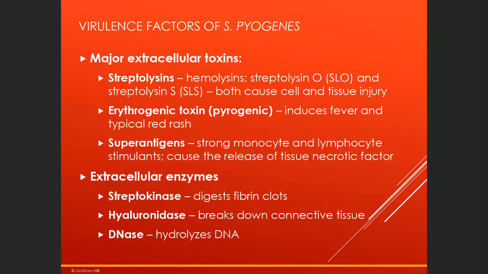Now the toxins, the virulence factors of toxin type. Streptolysin is actually a hemolysin, which lyses or breaks the red blood cells. Erythrogenic toxin is pyrogenic.